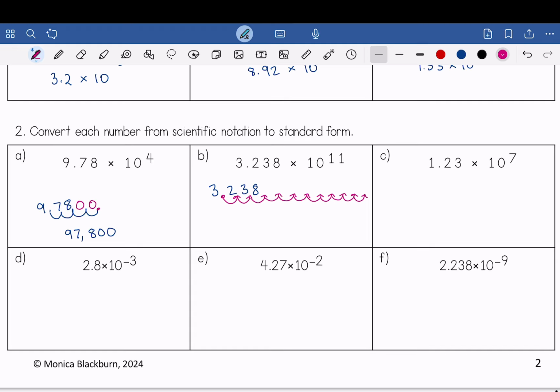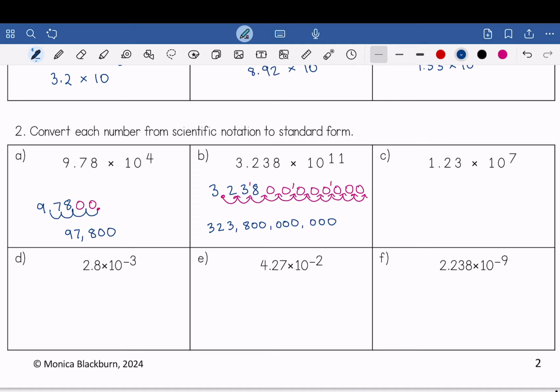I will fill those places now with zeros. So my new number is going to be, I'll place the future decimal points so it's easier for me to rewrite it, 323,800,000,000.